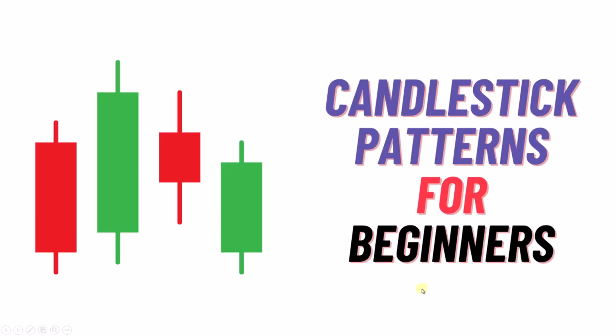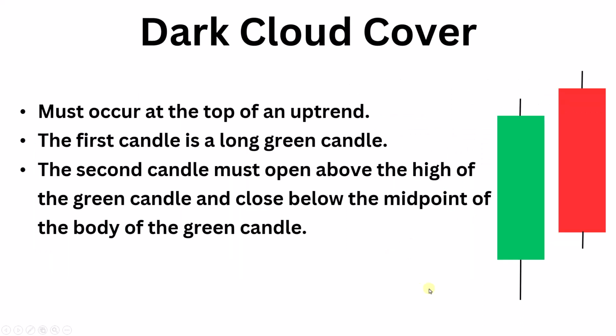Hello and welcome. In this video, we will learn about a two candlestick bearish reversal pattern called dark cloud cover. Now, this dark cloud cover is the opposite of the piercing line pattern that we learned in the previous video.